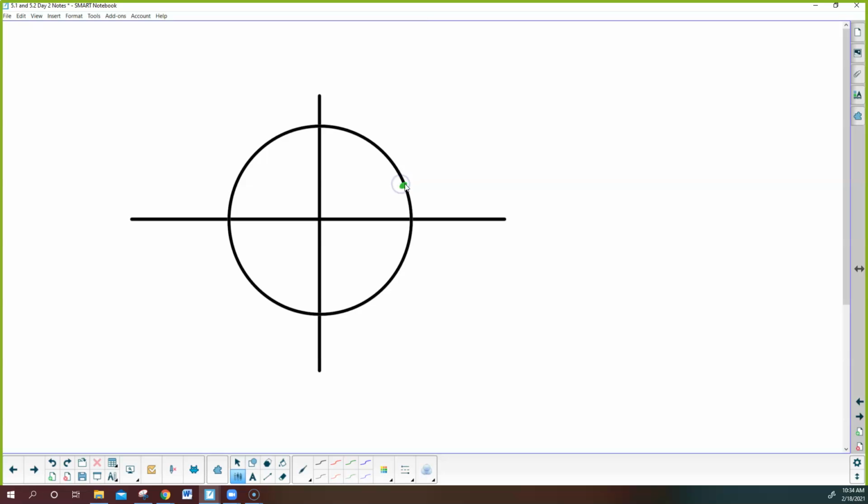We have this spot right here, which is the long distance, so that's square root 3 over 2, and then up 1/2. Now that angle is 30 degrees or pi over 6.